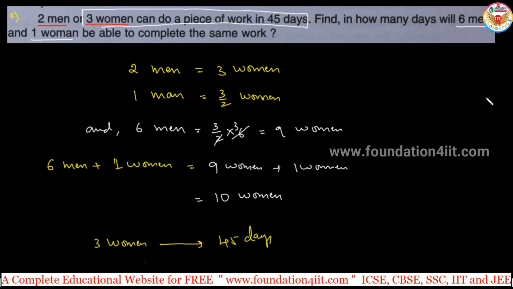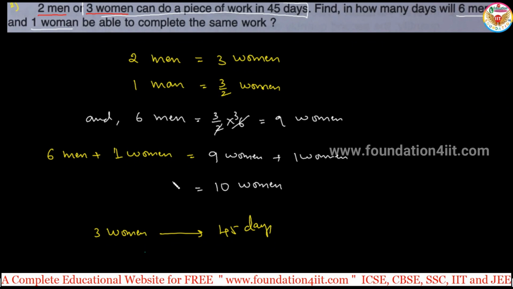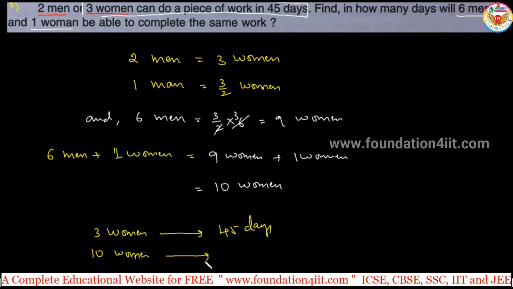Therefore, here we have 10 women, how many days? From 3 women doing the work in 45 days, we have to calculate for 10 women, because 10 women is exactly equal to 6 men and 1 woman.